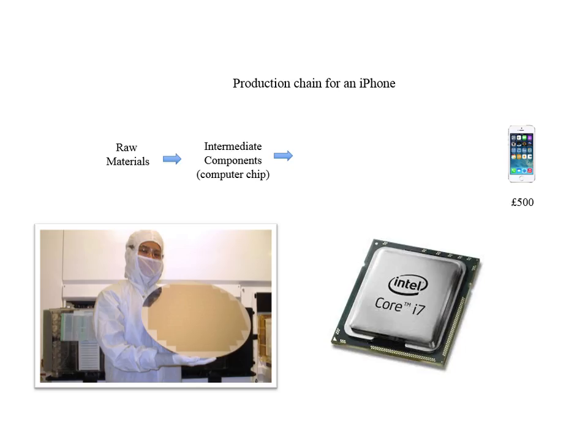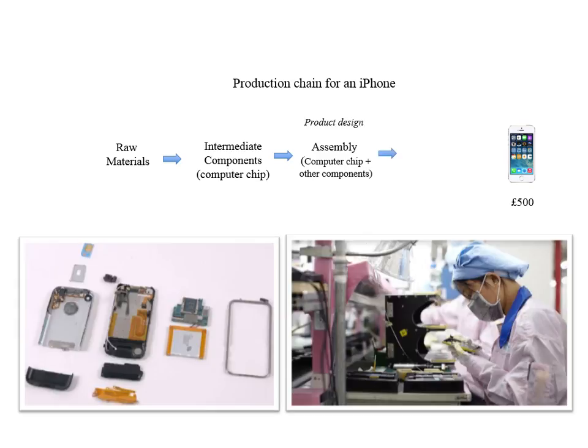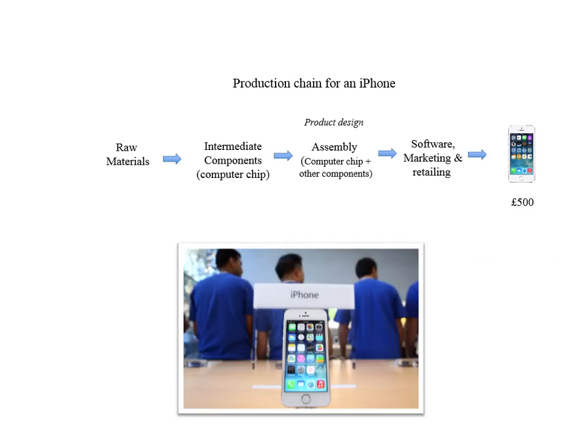Then the silicon is turned into computer chips in Texas, USA. Then the computer chip, together with the other components, the plastic component of our iPhones, goes to Foxconn in China. And this person assembles them together with a very simple technology. And finally, we get our iPhone in the Apple Store, our retail store, and it's marketed by them.